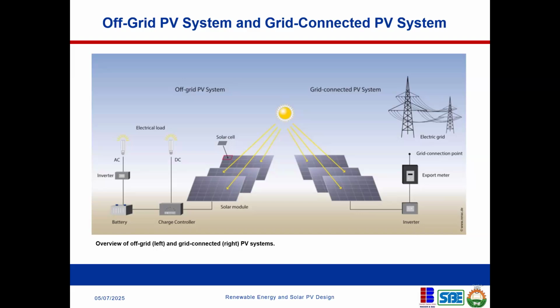So the idea is that while you're producing excess electricity from your solar panel, more than you can use in your home, instead of curtailing it or allowing it to waste, you send it to the grid. At that time during the day, a lot of businesses are up and running and they need electricity to function.